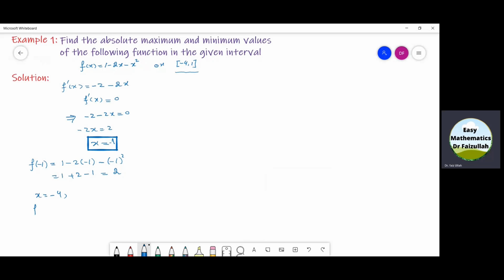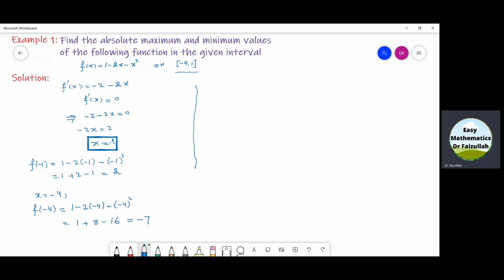So we have f of -4 is equal to 1 minus 2 into -4 minus -4 whole square. If we simplify, we get 1 plus 8 minus 16, and from this we get that this is equal to -7.